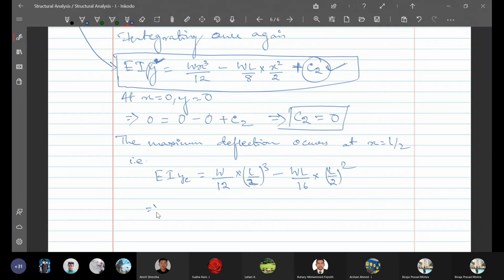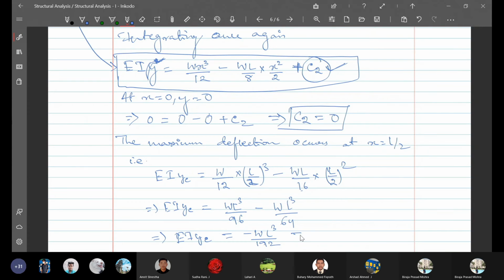So this implies EI into YC equals WL cube by 96 minus WL cube by 64. So EI YC equals minus WL cube divided by 192.